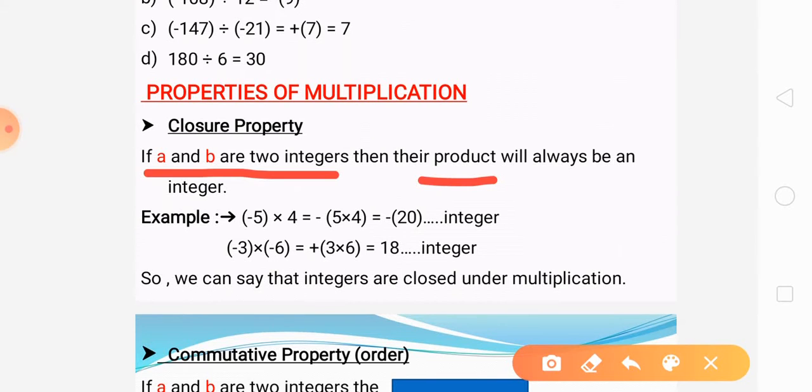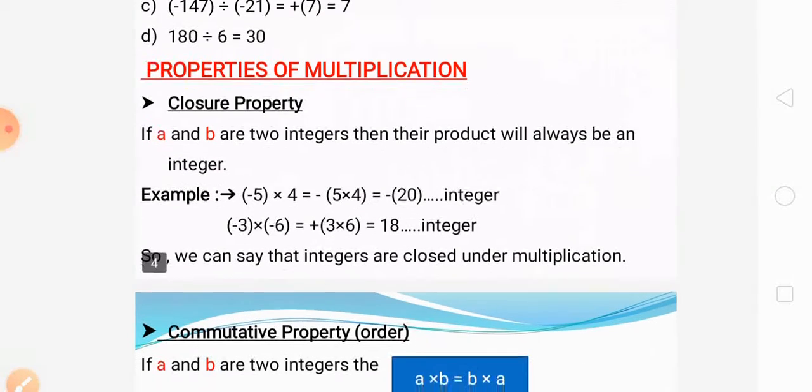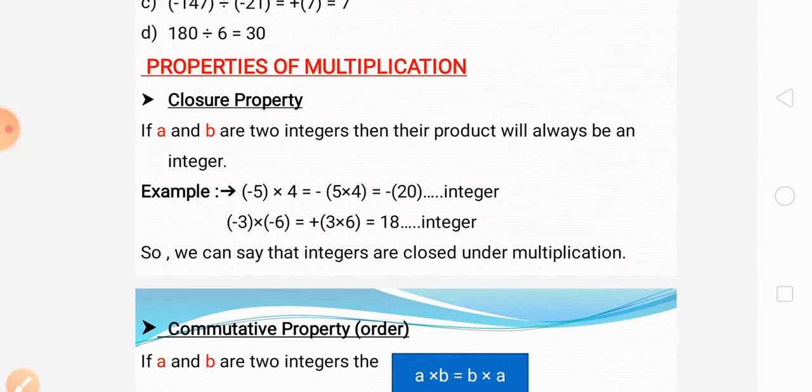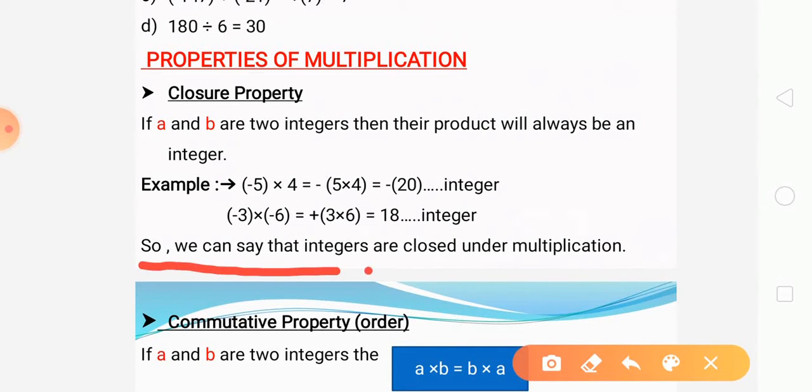That means if we multiply two integers, then their product will also remain an integer. It will not change into fractional, decimal or any other number. It will remain integer. That means we can say that integers are closed under multiplication.